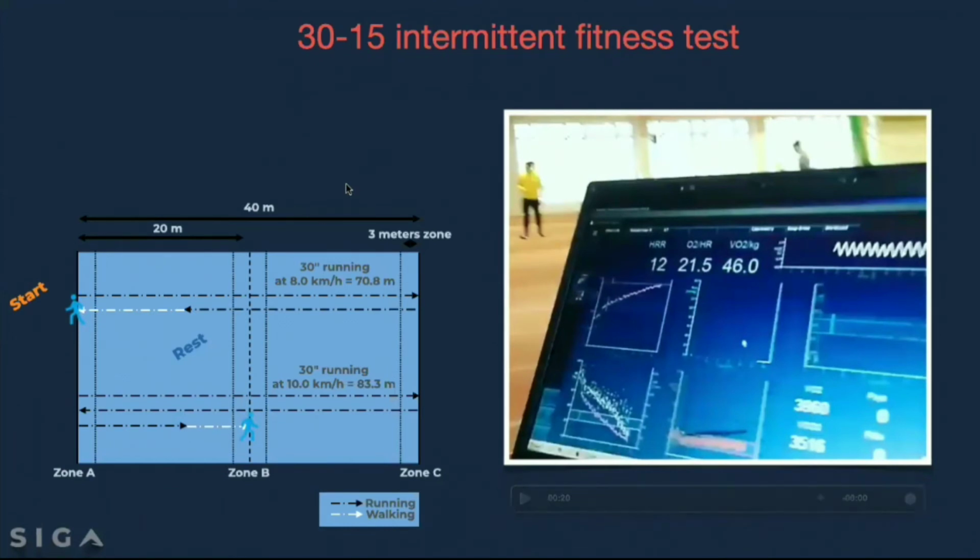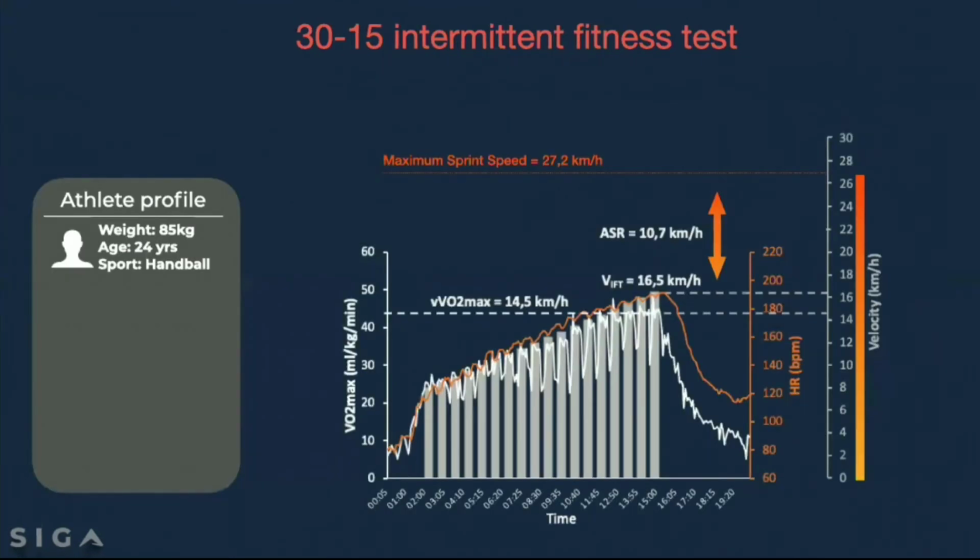Okay, moving on. Let's say that now we have tested our athlete. What is the outcome of the test? I know this graph looks intimidating, but don't be intimidated. The gray bars show every stage that was accomplished by the athlete during the 30-15 test.